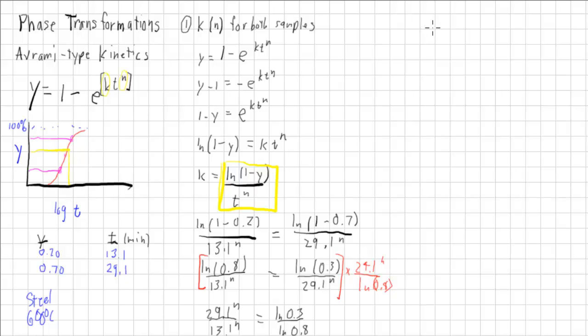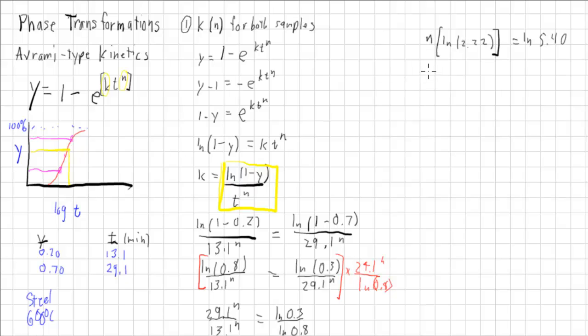Go up on the top here, and we've got n times the natural log of, well, we can now evaluate that 29.1 over the 13.1, and that is 2.22. And natural log of 5.40. So now I just need to take this, divide it by that, and I can find my n.